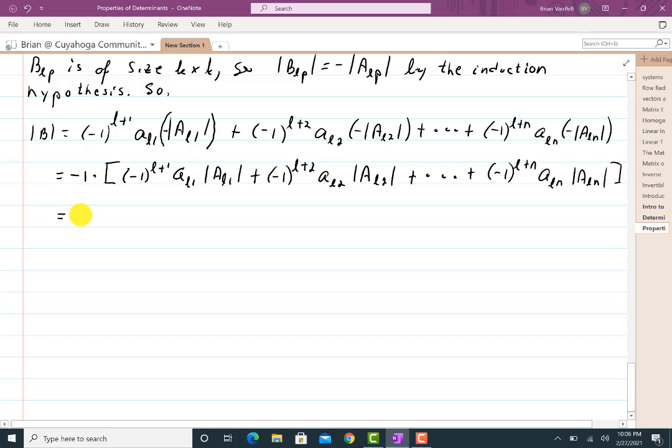And of course, that is equal to -1 times the determinant of A.